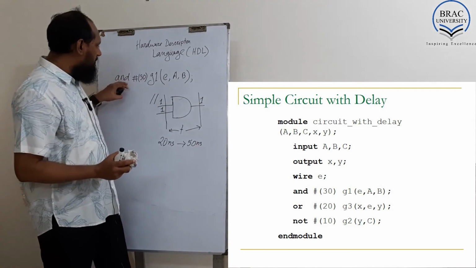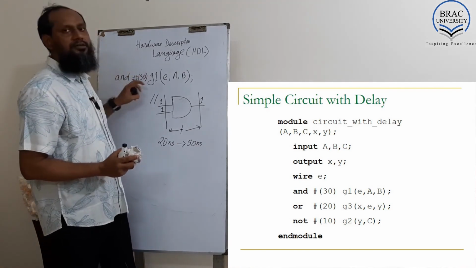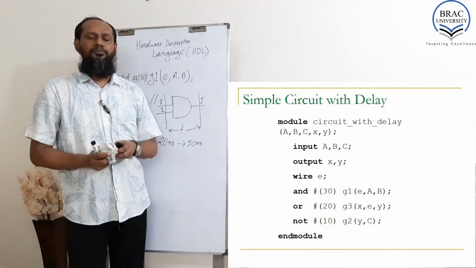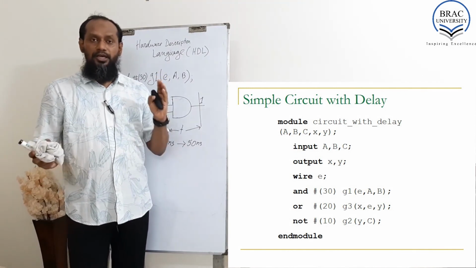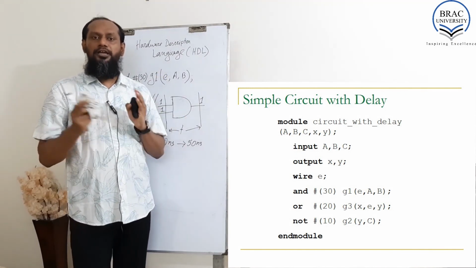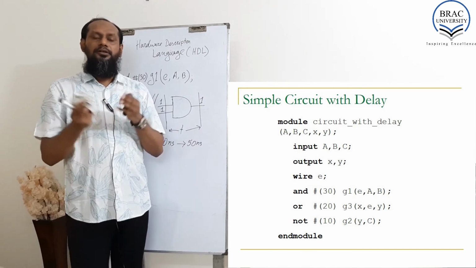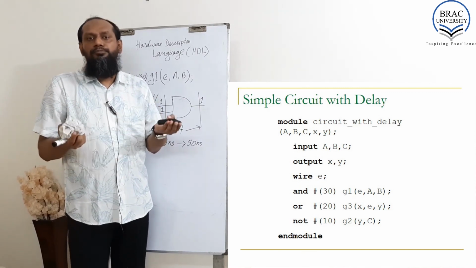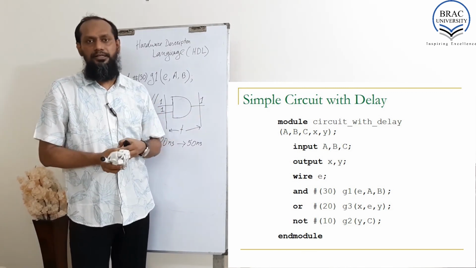So we can use this propagation delay inside our HDL program, which is very interesting, because if you cannot calculate the propagation delay, you cannot calculate the speed of your computer or the speed of your digital logic circuit.